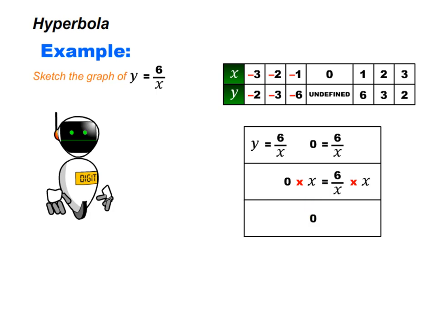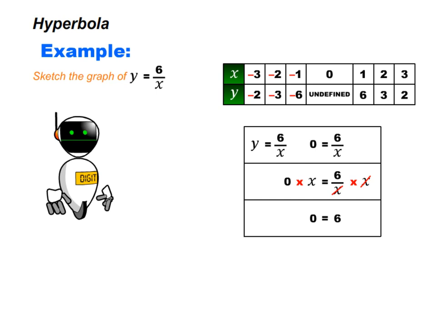Look at the right-hand side. 6 over x multiplied by x will give us 6. This is true because the x's cancel out. So far we have 0 is equal to 6. But Phoenix, 0 cannot be equal to 6. Something is not right here.